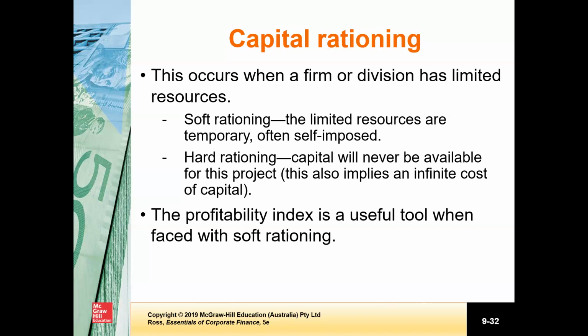So if we face soft rationing, the first thing is to try to get a larger allocation, and failing that, one common suggestion is to generate as large an NPV as possible within the existing budget. This amounts to choosing those projects with the largest benefit cost ratio, the profitability index. You might remember we learned about profitability index in the last chapter.